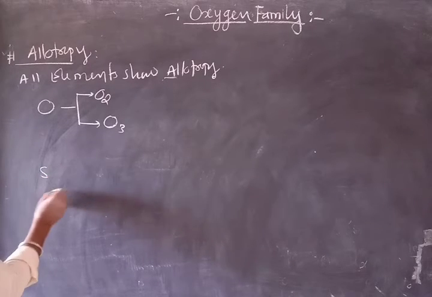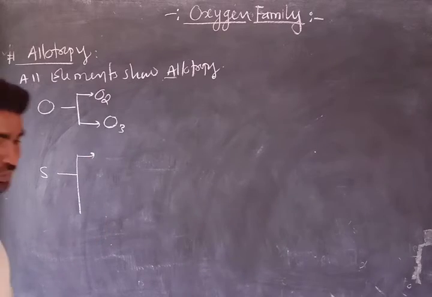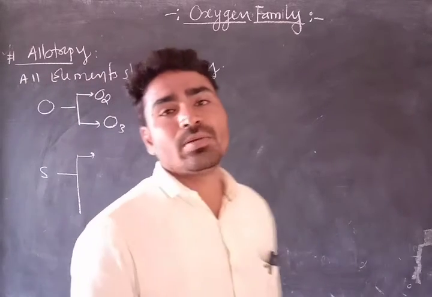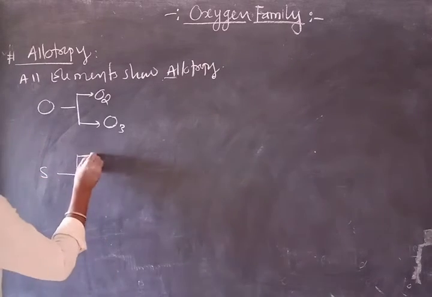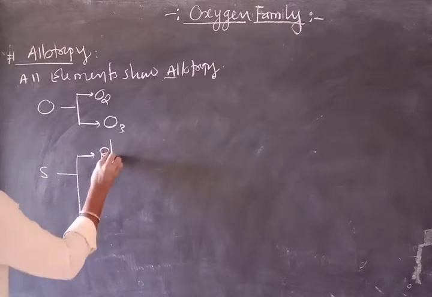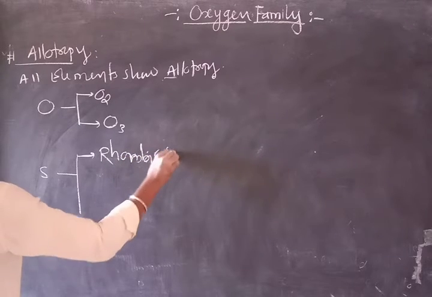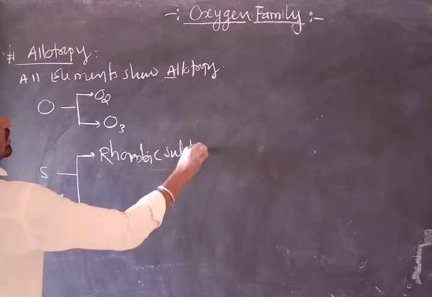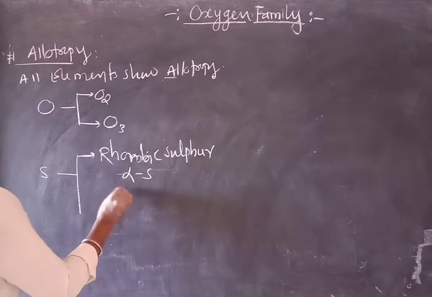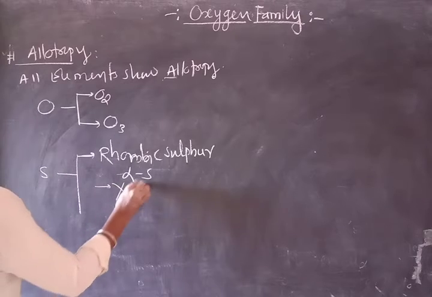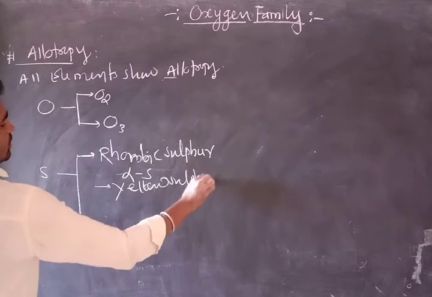After this, sulfur has many allotropes, I think 6 to 8. But mainly here we study rhombic sulfur, which is also called alpha sulfur or yellow sulfur.